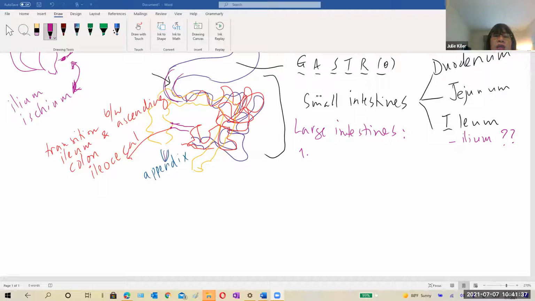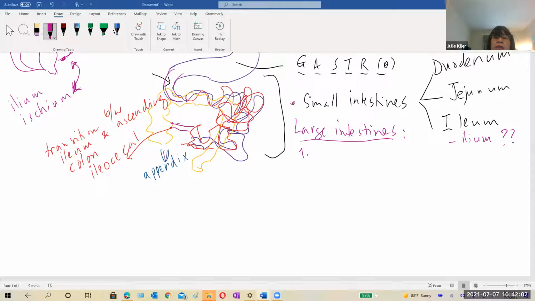So we now talk about large intestines. Carmen, so where does it start from? So we already talked about small intestines. Good job, Eric. Cecum, colon, rectum, anal canal. Yeah, the exit door for poop, yeah. So we already talked about duodenum, jejunum, ileum, small intestine.